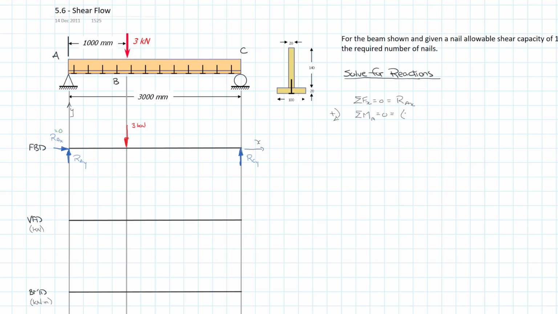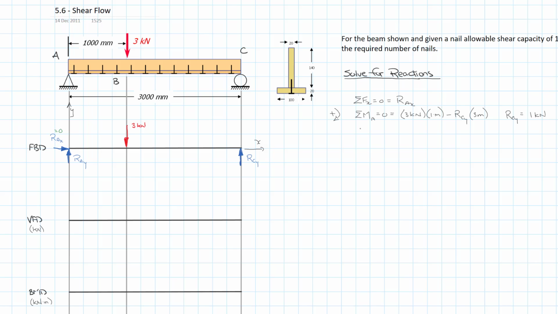So we have our 3 kilonewtons externally applied force with a moment arm of 1 meter. And RCY is trying to go counterclockwise, so we'll put it in as negative, and it has the full length moment arm of 3 meters. And we're able to resolve RCY is equal to 1 kilonewton.